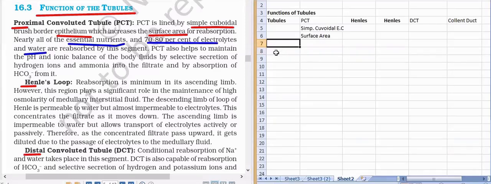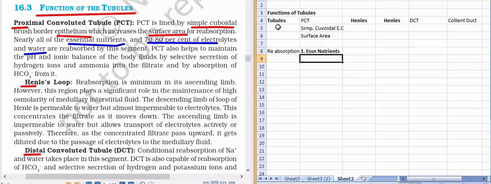So here the topic is reabsorption. First, essential nutrients like glucose.